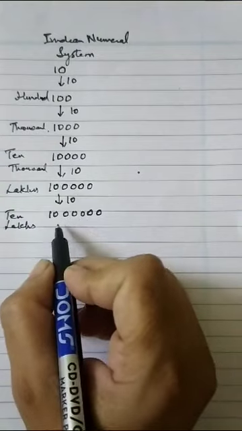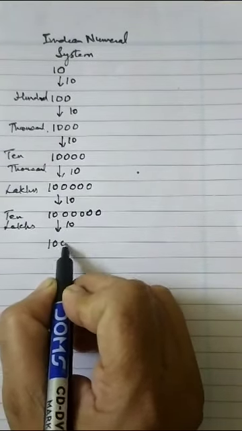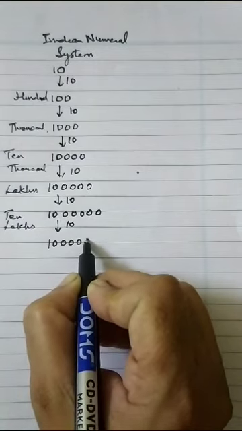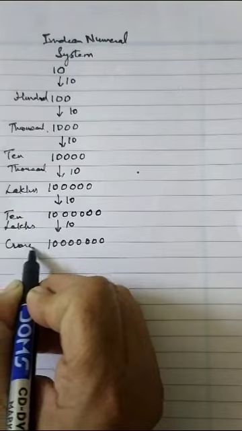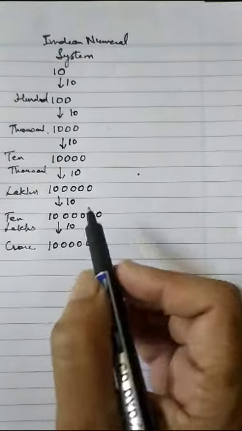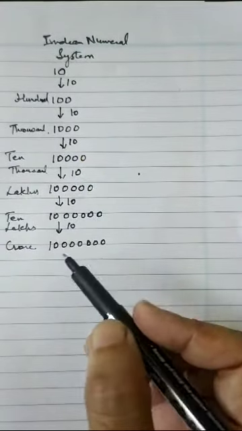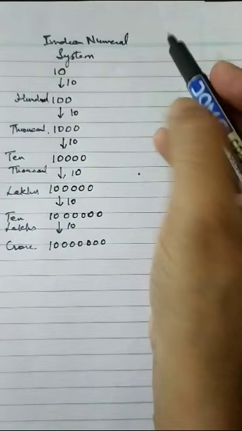Multiplying 10 lakh with 10, I get 7 zeros, and this number we call crore. So we are using the numbers in the Indian numeral system.